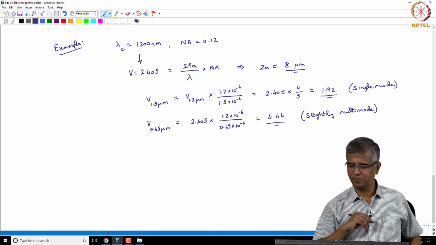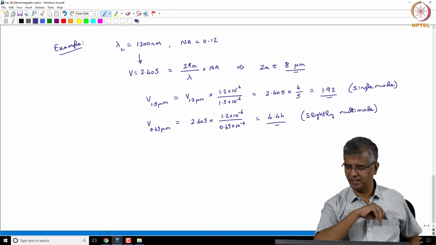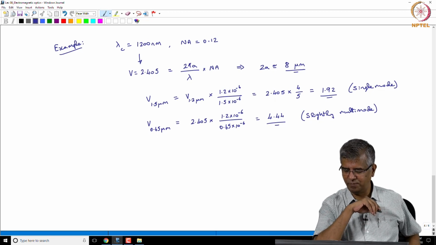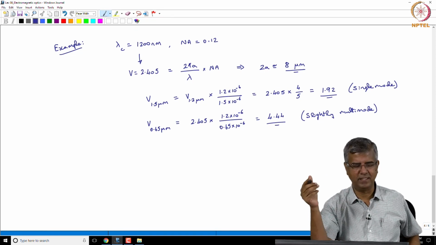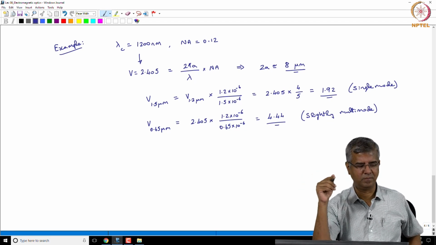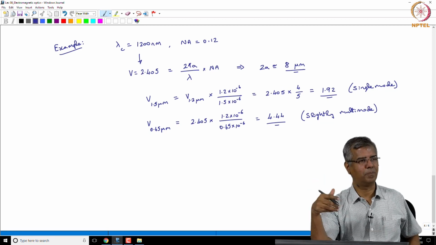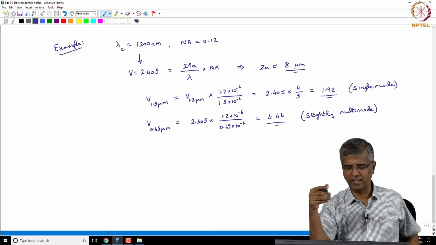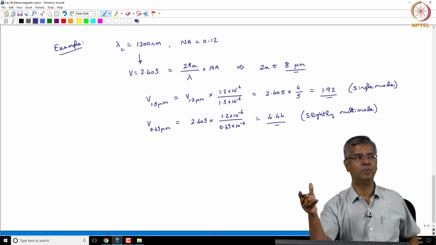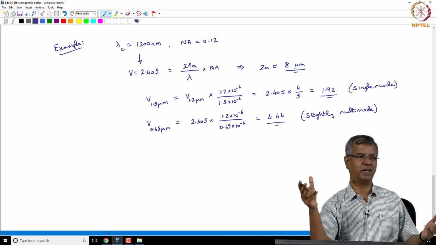And I should recall a funny episode related to this. So we have this experimental kit here, where the vendor essentially is setting up a similar experiment, and he sells some fiber as single mode fiber. He uses red wavelength.